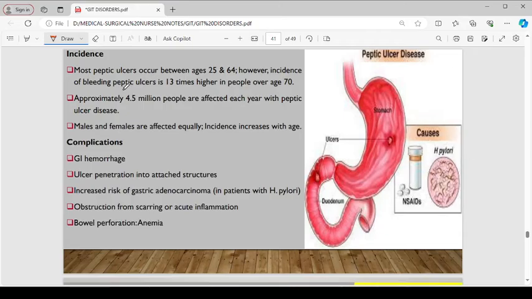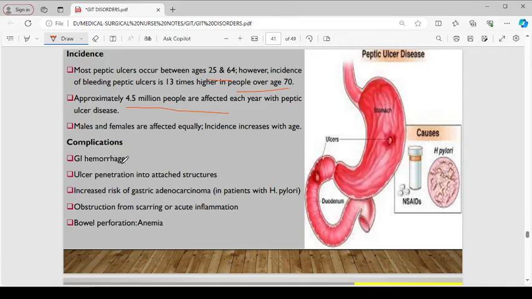In terms of incidence, most peptic ulcers occur in the ages 25 and 65. However, the incidence of bleeding ulcers is 13 times higher in people over 70 years. Approximately 4.5 people are affected each year with peptic ulcers, and males and females are affected equally, but the incidence will increase with age.